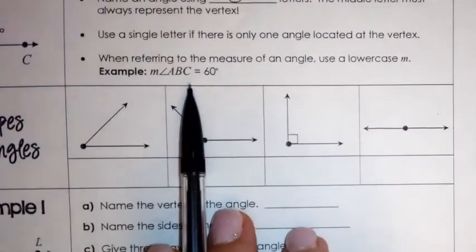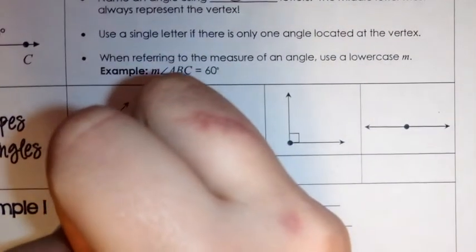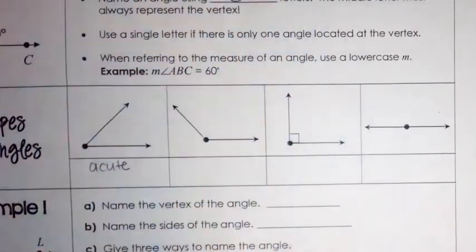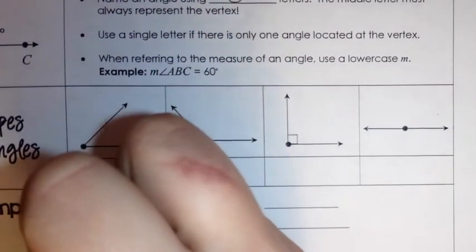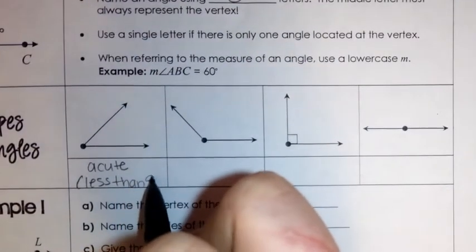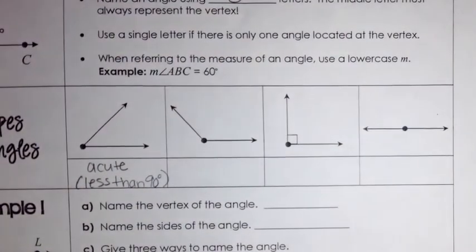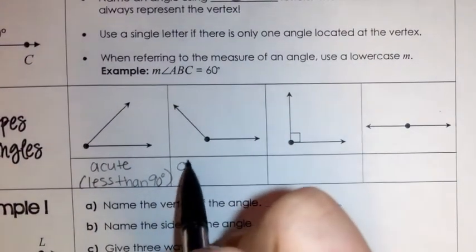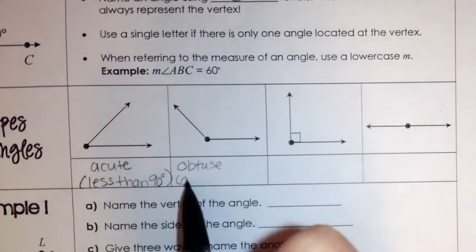Okay. There are different types of angles. The first angle we're going to talk about is an acute angle. Acute angles are less than 90 degrees. The next angle we have is an obtuse angle. These are greater than 90.